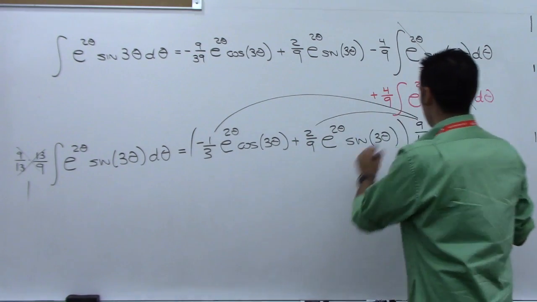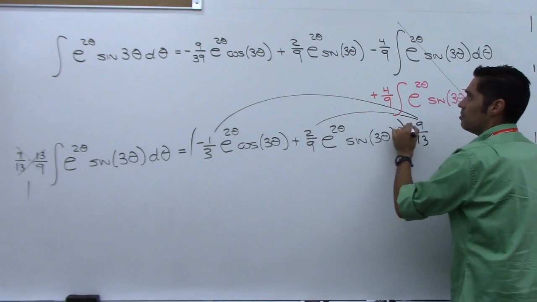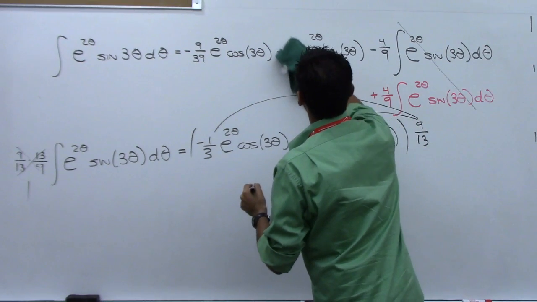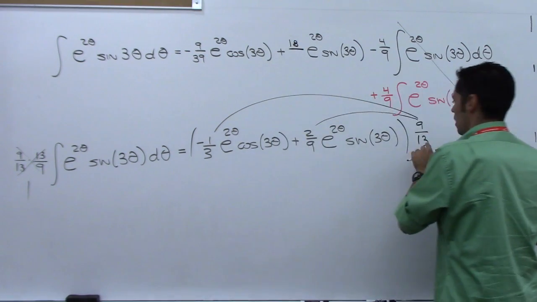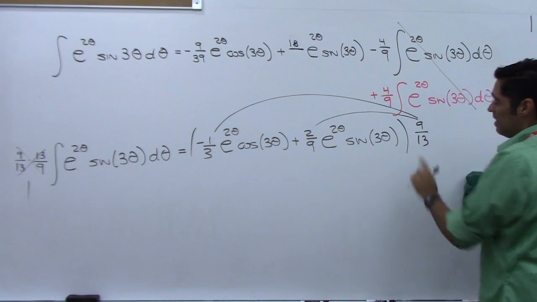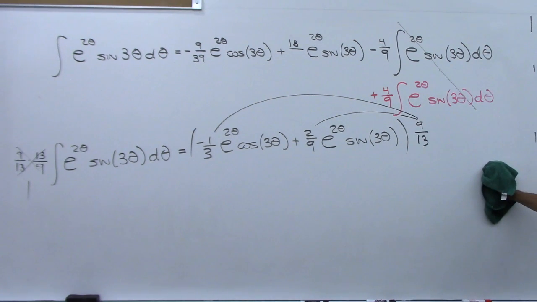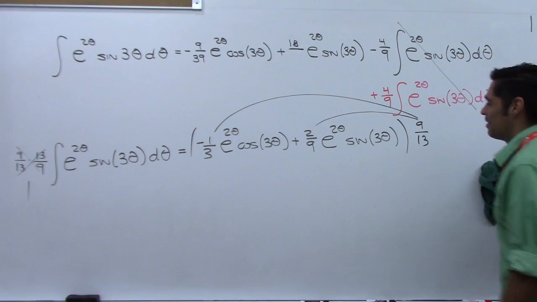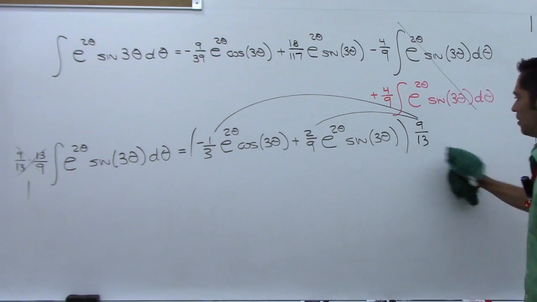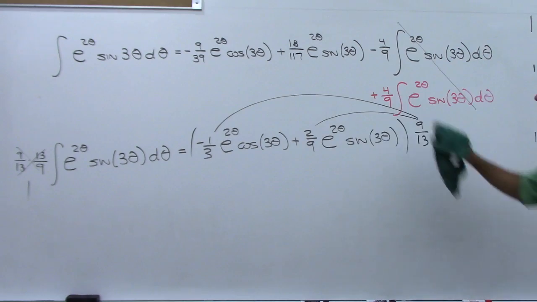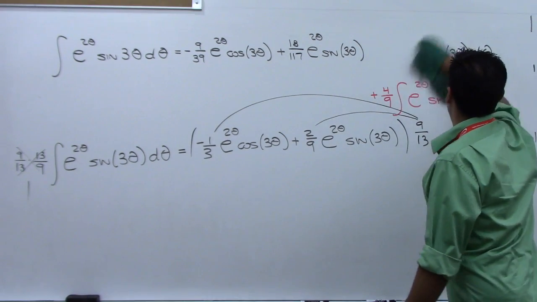And then I distribute the 9/13 here. 9 times 2 is 18. So this is going to become 18 over 9 times 13 is 90 plus 27. I can't do simple math right now. 90 plus 27. Why can't I do simple math right now? 117. All right, so 13 times 9. And then that piece. And then everything else is gone.